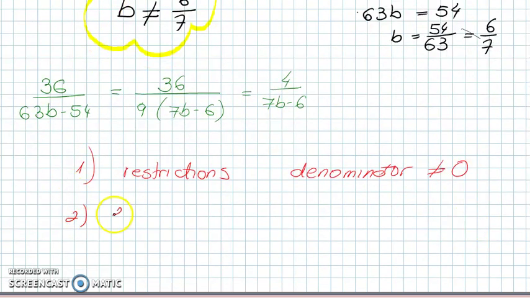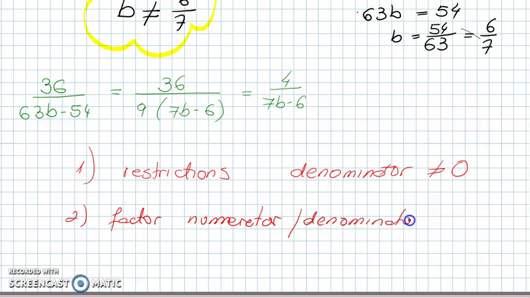And then factor the numerator and denominator and cancel out what you can.